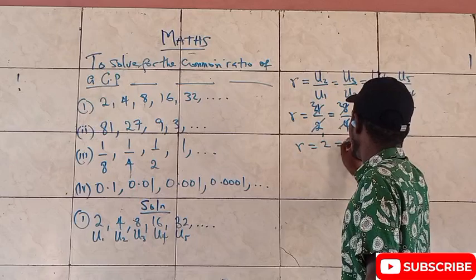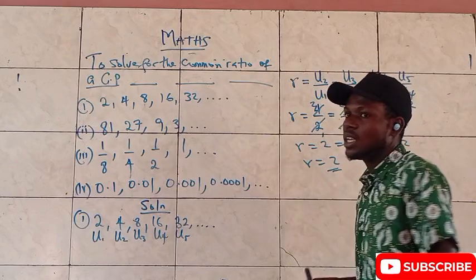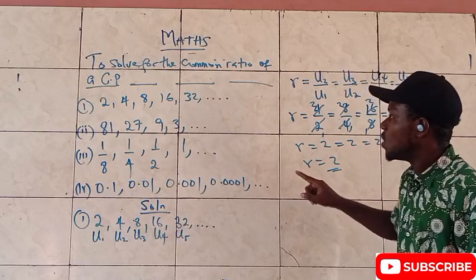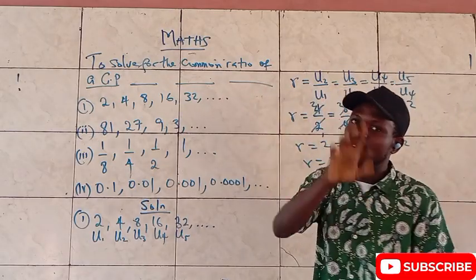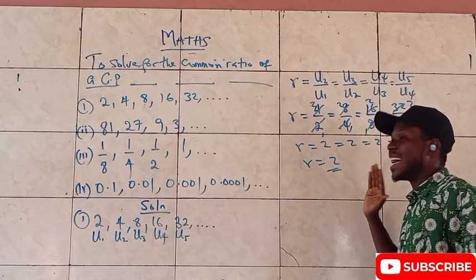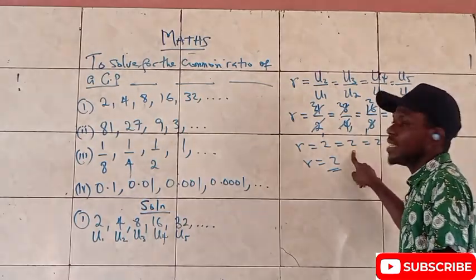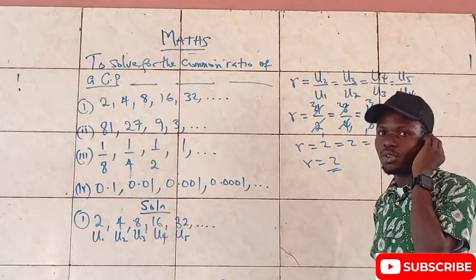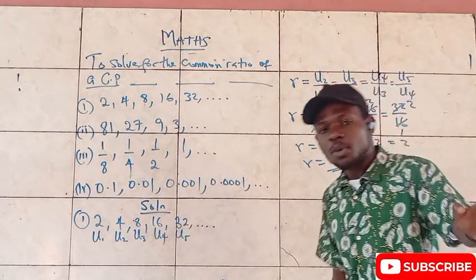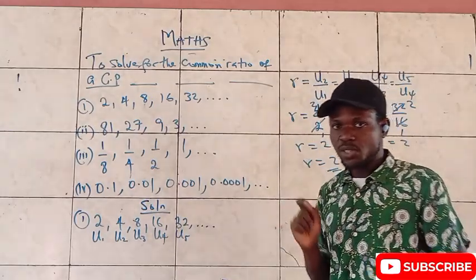Then I will have 2, 2, 2, 2, meaning that my common ratio is 2. What qualifies this sequence as a geometric sequence is that it has a common ratio of 2. If at any point we have 3, then it is no more qualified to be called a geometric progression, because a geometric progression must have a common ratio all through its sequence.